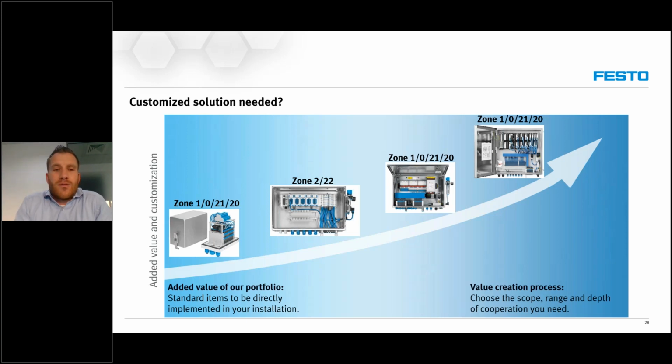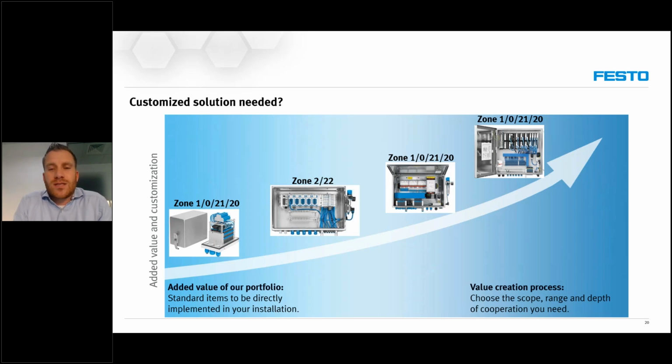We can do this at a very low level, where we are only looking into individual components like the solenoids with the protective cover, up to more complex control cabinets with sometimes higher zone classifications, specific equipment to comply with other hardware at the facility. This is a little bit longer process, but it also provides a lot of benefit and value.